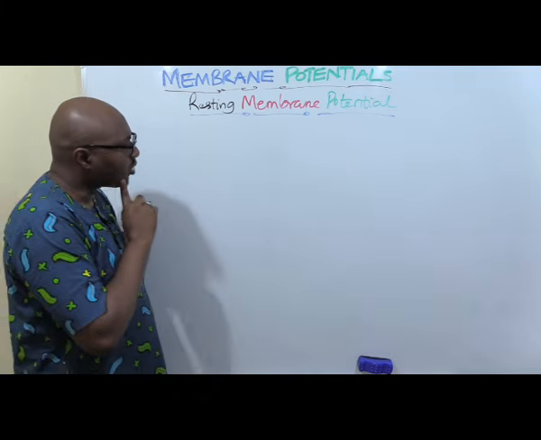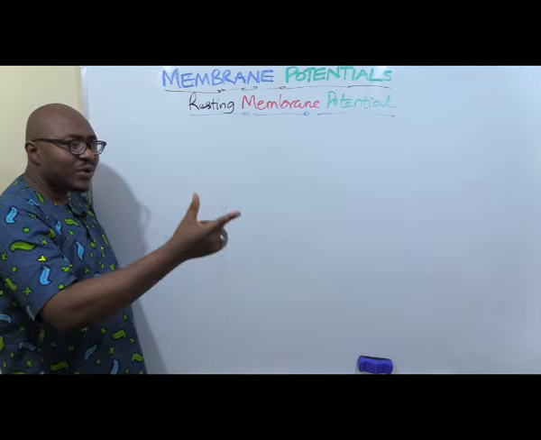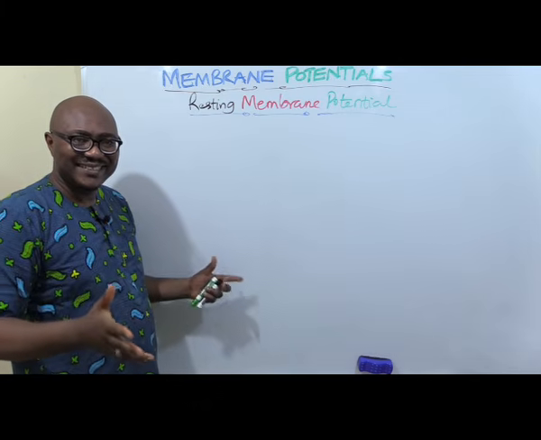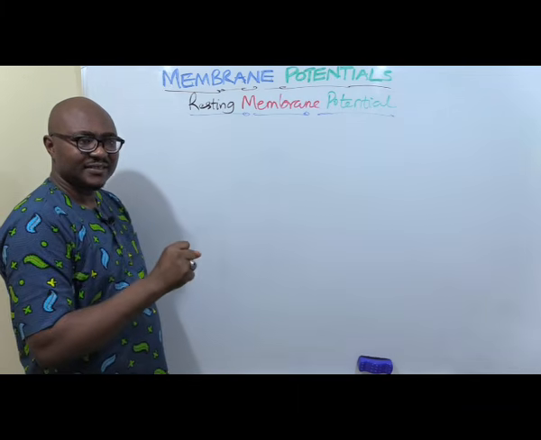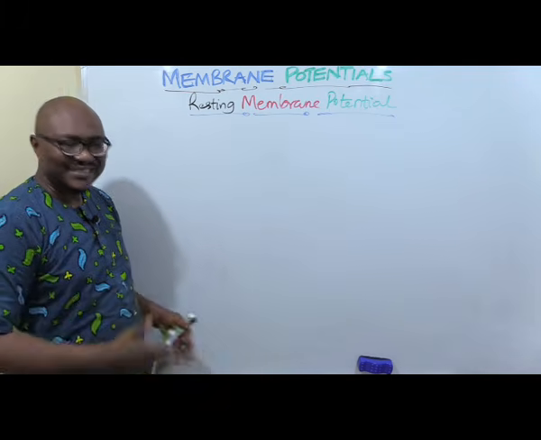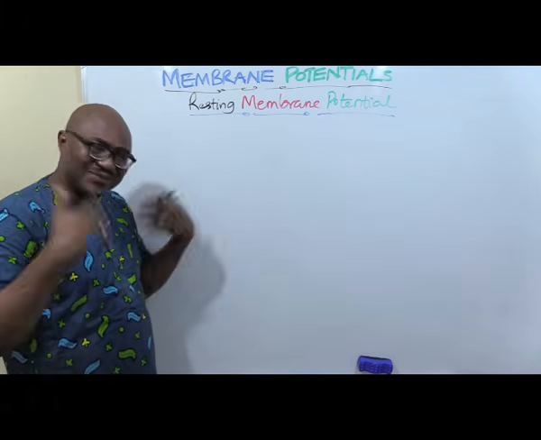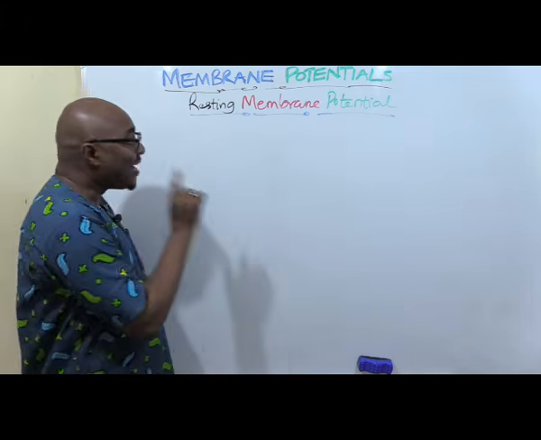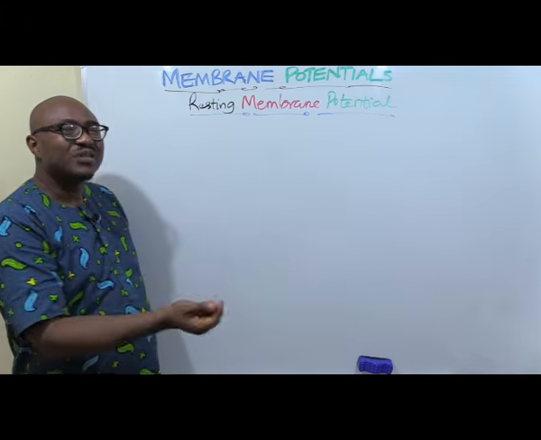Now look at this. They have different ways in which you can generate electricity, and one of them is chemical energy. And your body is made up of chemicals. Basically, the food you eat, they're all chemicals. Your blood, everything is chemicals. So the way the body generates electricity is through chemical energy.